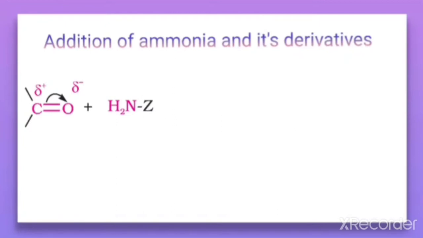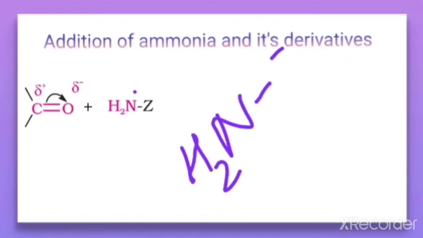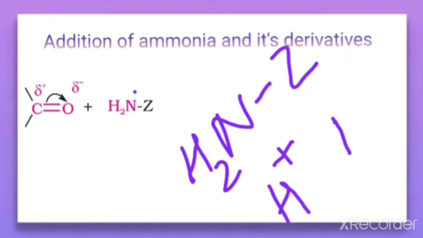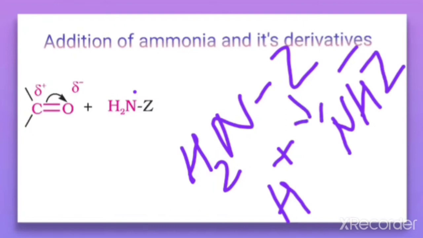Here we can rearrange H2NZ: from this, one H can be separated. When one H positive is separated, what remains is NHZ, which is negatively charged. So we can write H2NZ as H plus and NHZ minus.